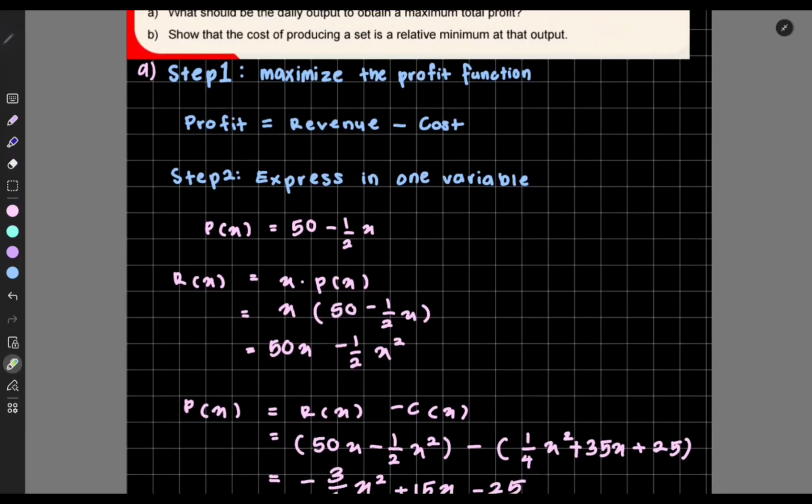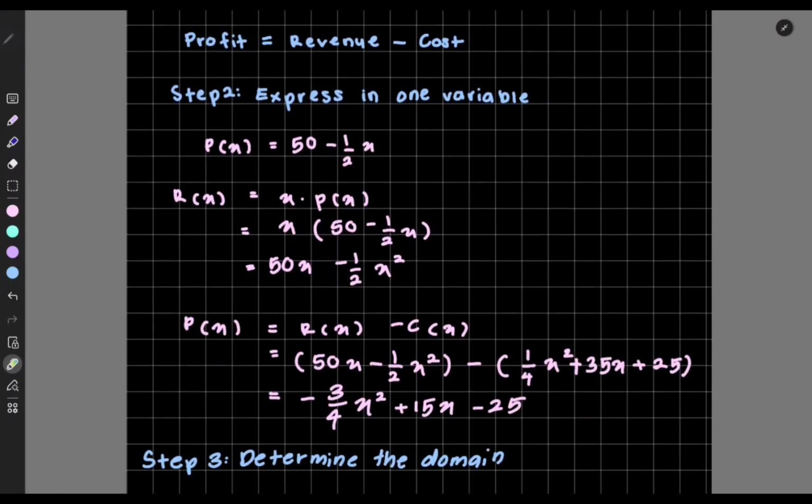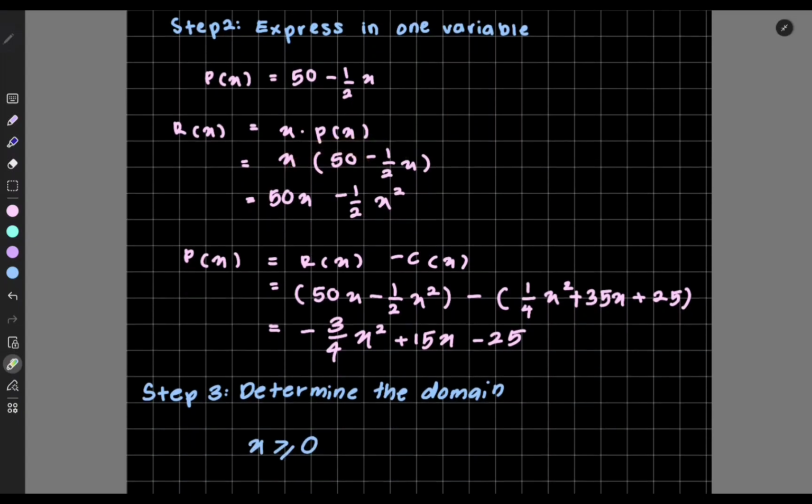First, we need to find the revenue function. Revenue function is calculated by number of units multiplied by price per unit. Now we substitute the functions. Now we multiply it like usual, and this will be our answer.